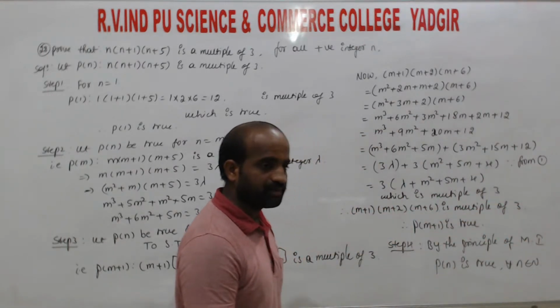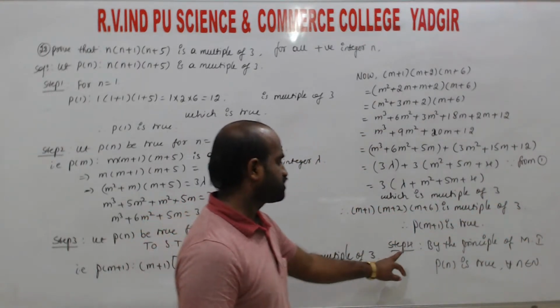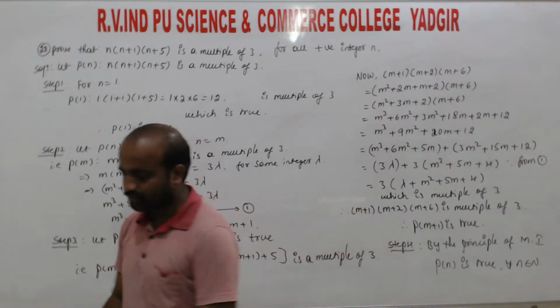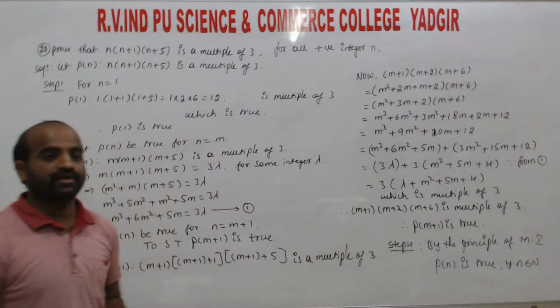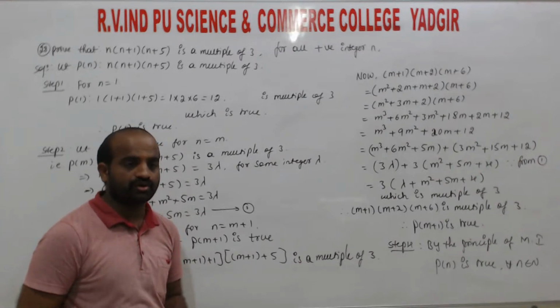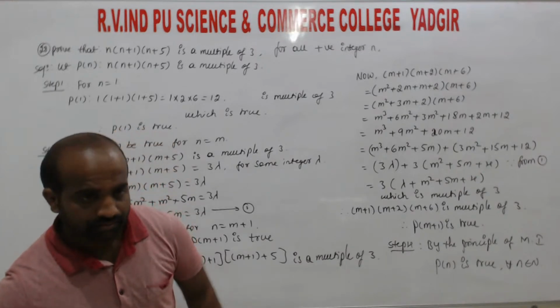Therefore, P of m plus 1 is true. Step 4. By the principle of mathematical induction, P of n is true for all n belongs to N.